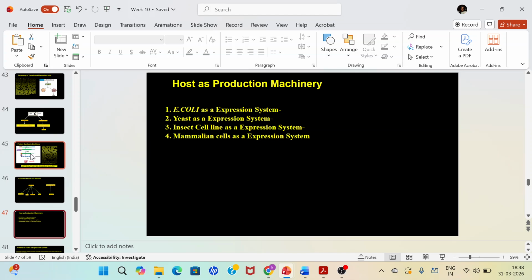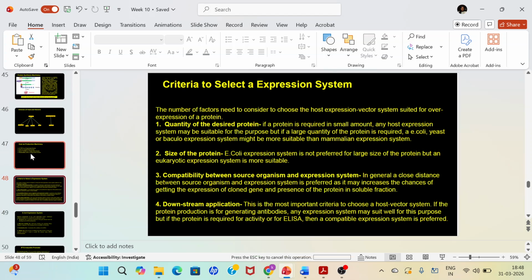If we want the protein from E. coli, from yeast, from an insect cell line, or from mammalian cells, it depends upon our requirement, whether we want post translation modifications or not, and whether we want the different kinds of features that get added in the eukaryotic system or not. Okay. So depending upon that, the host production machinery used can be E. coli, yeast, insect cells and mammalian cells. Any of these cell lines can be used for the expression system.